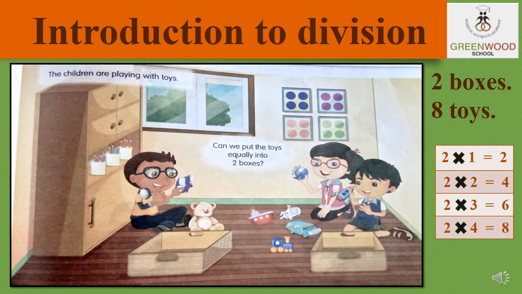So what did we do? We divided these toys equally into 2 groups in the given 2 boxes, in which one box contains 4 toys and another box also contains 4 toys. Let's see some more examples.